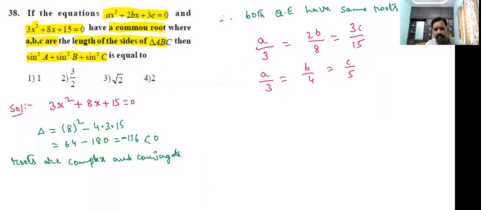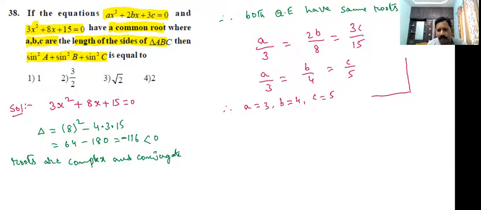Take it equal to lambda, no problem. So the a value is 3, b value is 4, and c value is 5. These are the lengths of the sides of a triangle.